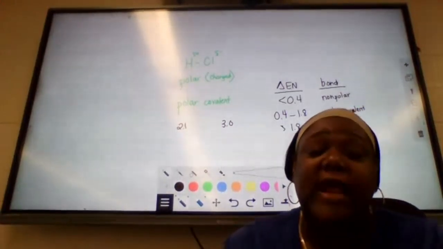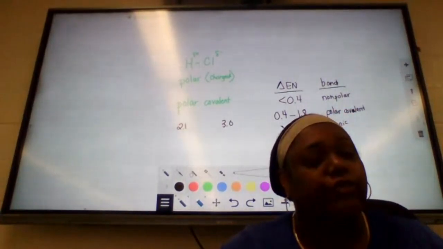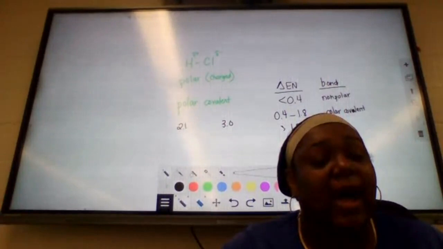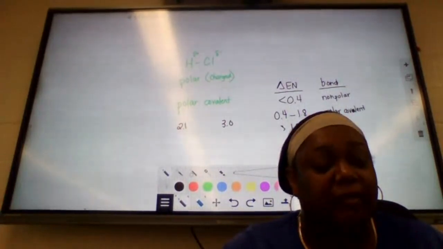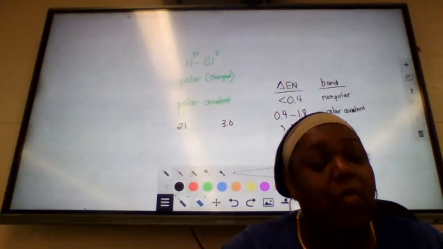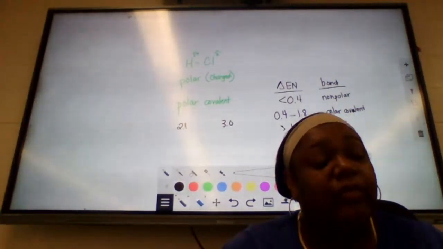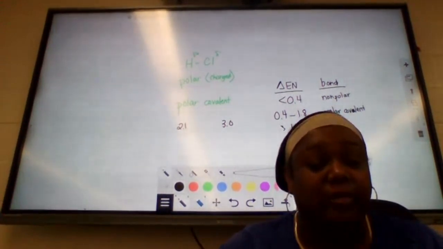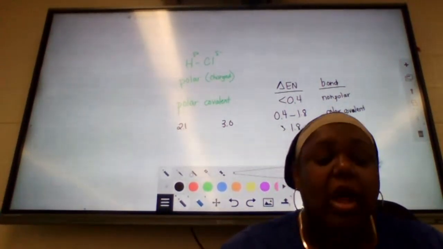And so what you're going to find out is that for your Lewis structures, when you see dots in a Lewis structure, those dots indicate your lone pairs of electrons. When you see lines, as we talked about before, those lines represent your bonding electrons, the ones that are being shared between atoms. Okay?